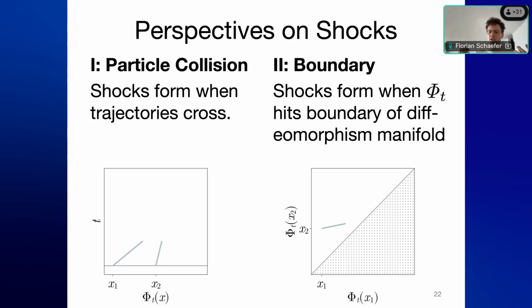That, of course, is because when two particles collide, I map 2 points to the same point, and so I cannot smoothly invert this anymore. And so you can now view this map phi as traveling on some manifold of nice functions, and at some point hitting the boundary of this manifold of nice functions when it just stops being differentiably invertible.